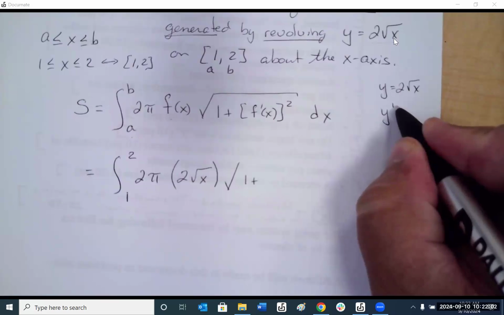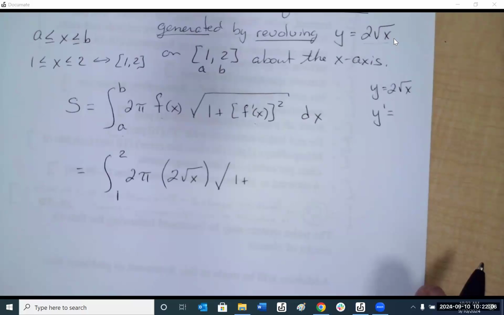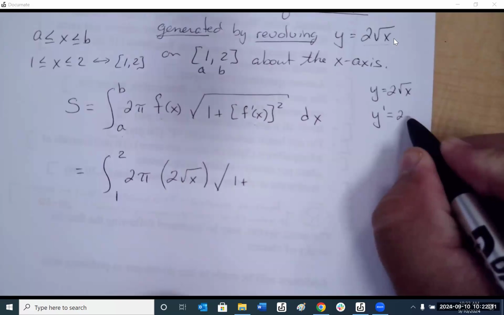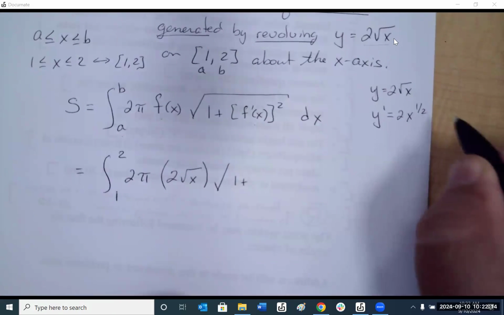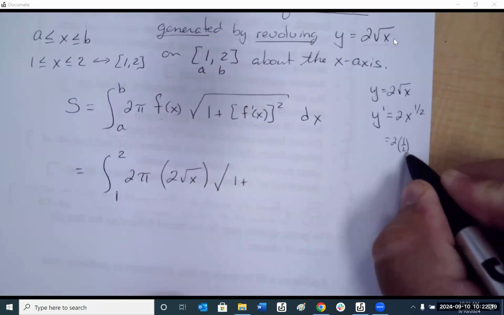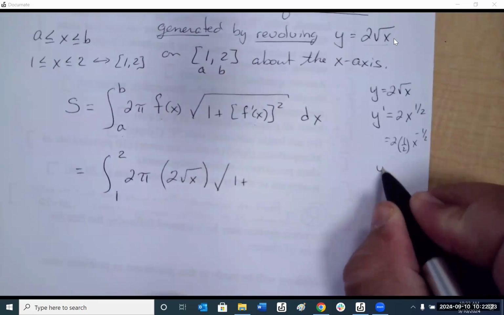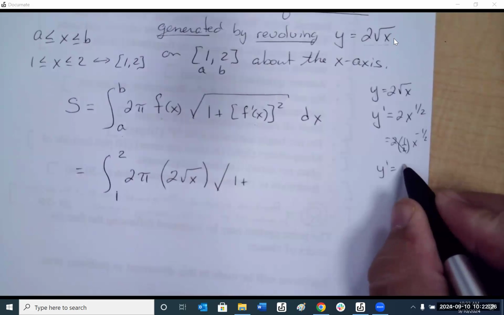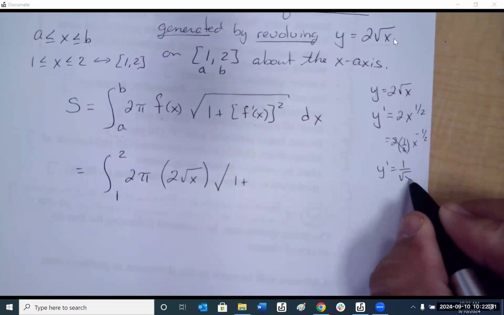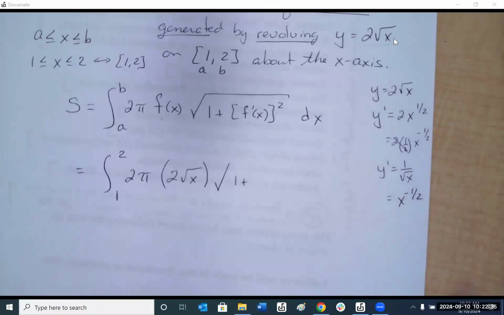Now we have to find the first derivative for the inside. So x to the power 1/2. Bring the power down and subtract 1, which makes it negative 1/2. So y prime, the 2's cancel, is 1 over square root of x, or x to the power negative 1/2.